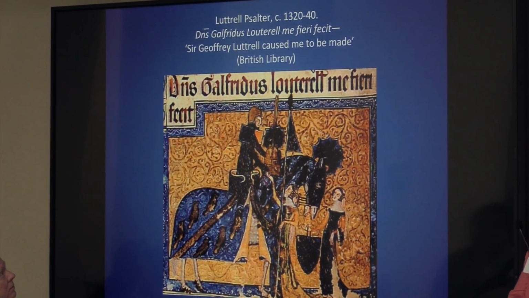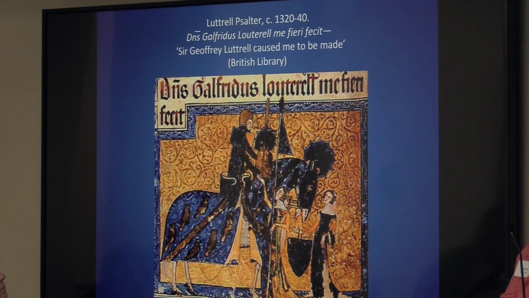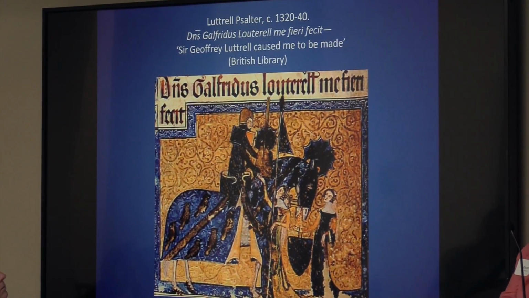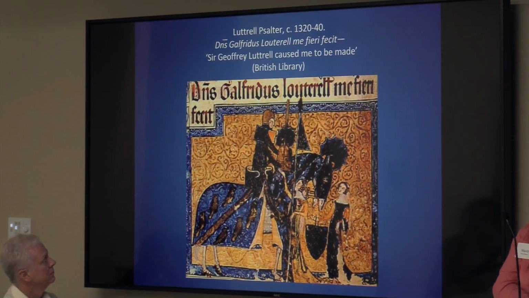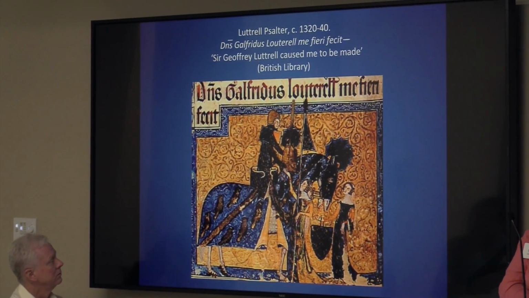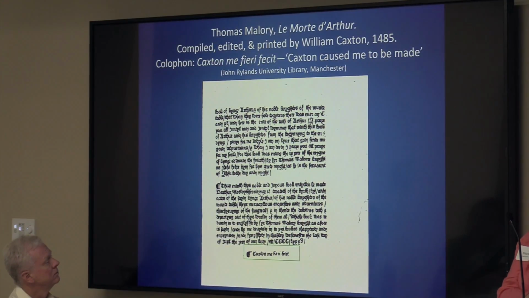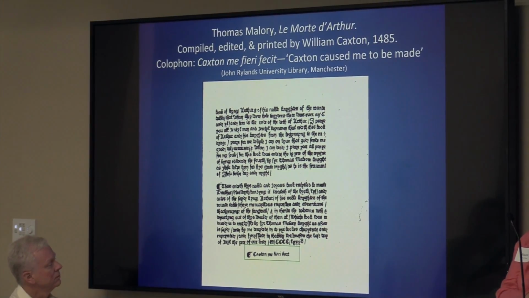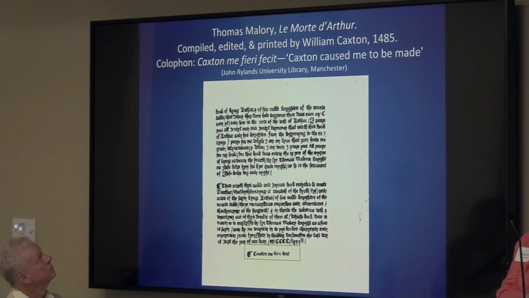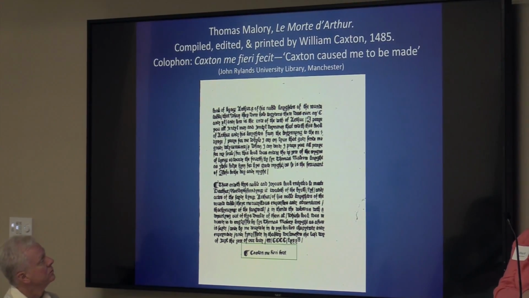So in this example, it refers to Geoffrey Luttrell, who was the patron of the Luttrell manuscript, and indicates that he was the person who funded the manuscript rather than the person who actually wrote or copied it out. And the phrase is also used by early printers like William Caxton, again indicating that it may be a reference to Rastell's involvement in the play's printing rather than its authorship.